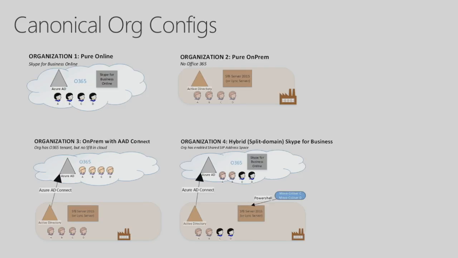So from a Skype perspective, this customer is on-prem. And then finally, organization number 4 is really a hybrid split domain config. And in this situation, some users are going to be served from on-prem, and some users are actually going to get their functionality in the cloud, and basically the different color user heads are how I differentiated that. Does this make sense at a high level?